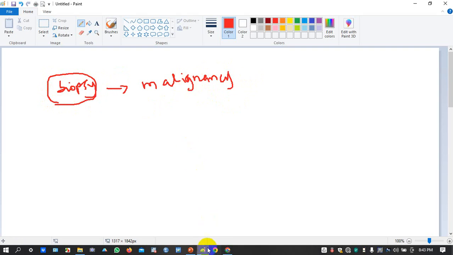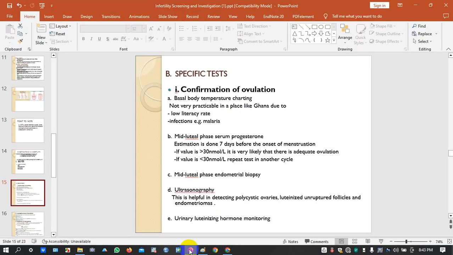So that is biopsy. We take the biopsy of the endometrium to find out whether there is any endometrial hyperplasia, abnormal growth of the endometrium, and see.